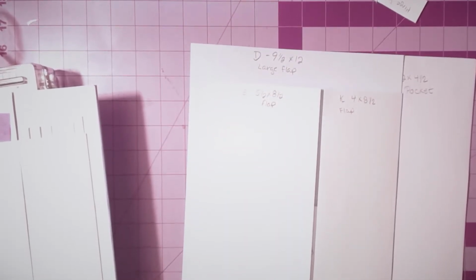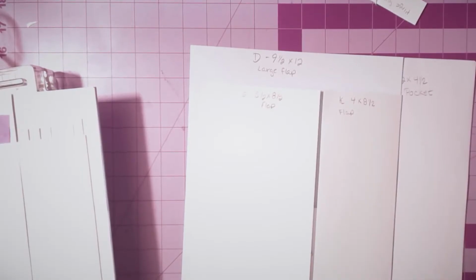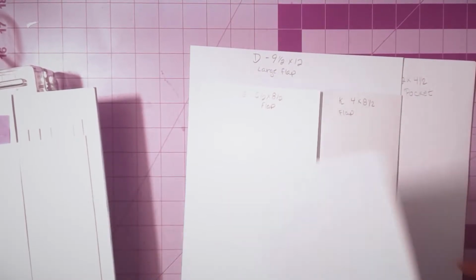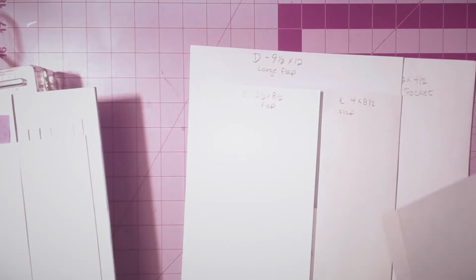Okay, I want to make sure that I am putting everything in its place here. C. This will go together with this because I know there's two, one for here and I think one for the other side. So we'll keep this together.